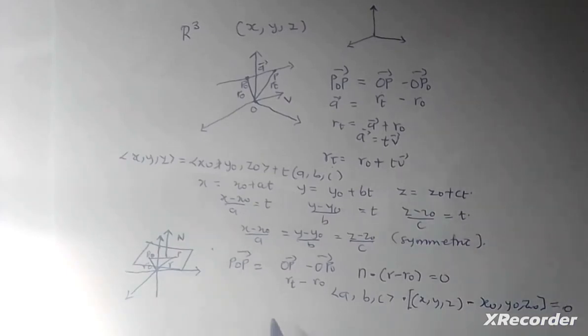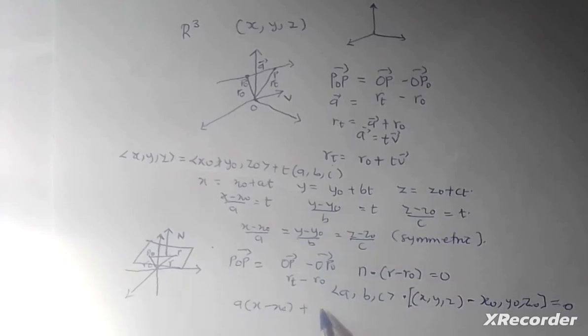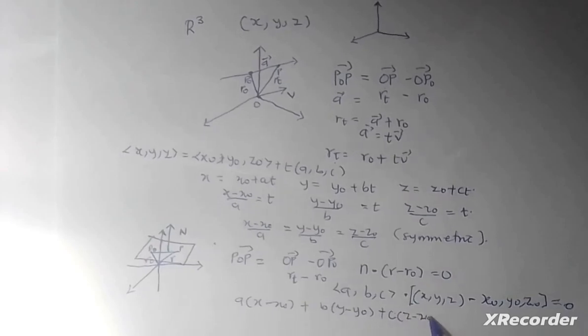So at this point, I'm going to get a(x minus x naught) plus b(y minus y naught) plus c(z minus z naught) is equal to 0. And this is how we get the equation of a plane.